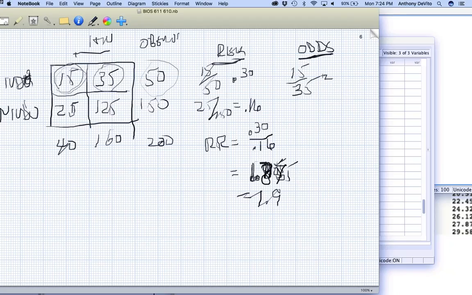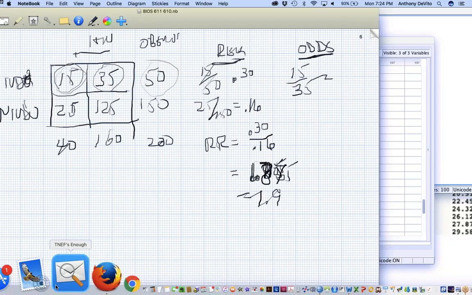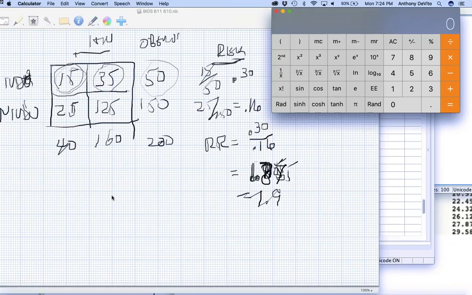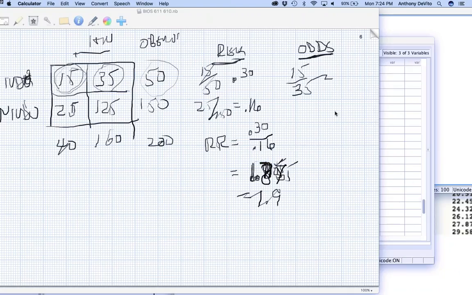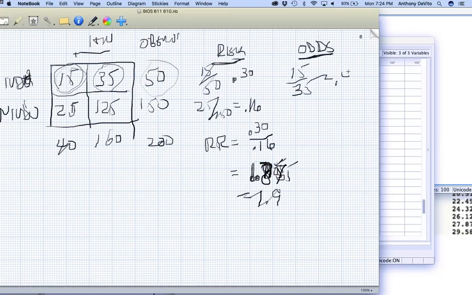So what's that number come out to? 15 over 35? 0.42. That's our odds.